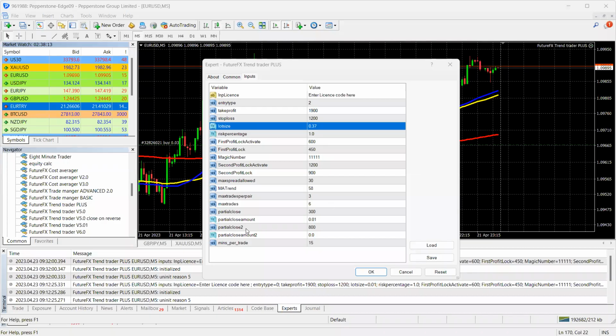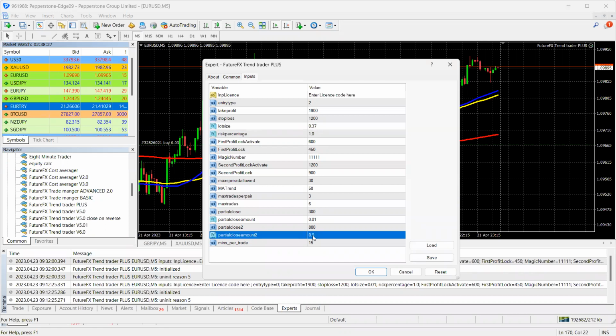And then we have the partial close 2 and partial close amount 2. And that's exactly the same as the first one, but in this case, once it's in 800 points of profit, you're going to get it to close out 0.02.